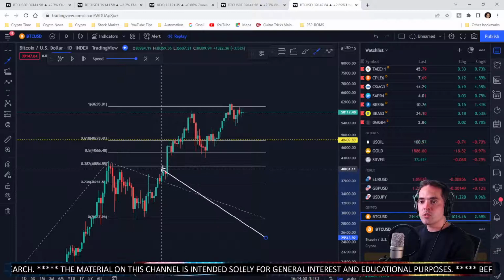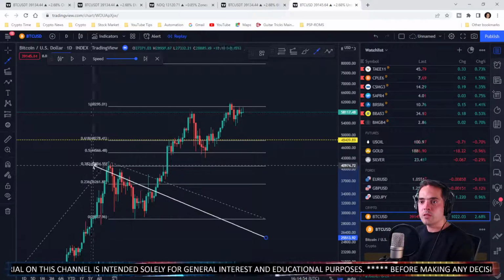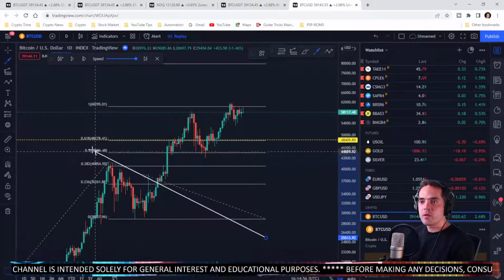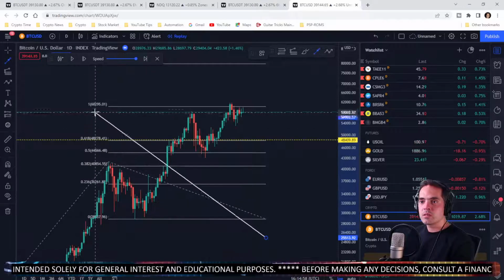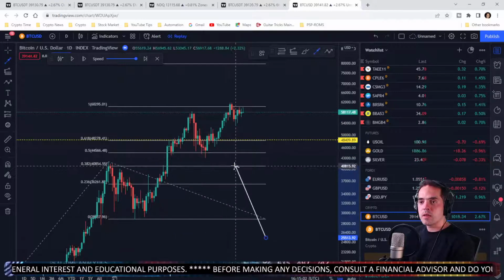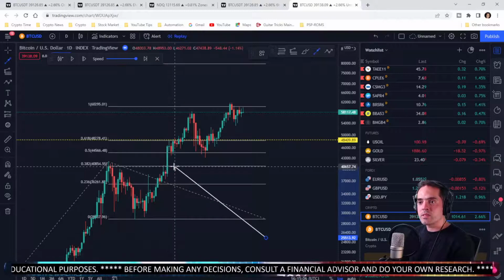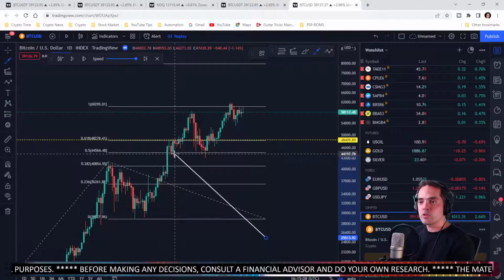The most important regions are 0.382, 0.5, 0.618, 1. Those are important zones where the price will find resistance and eventually support.